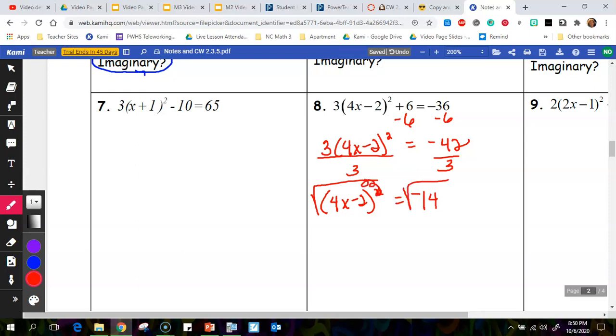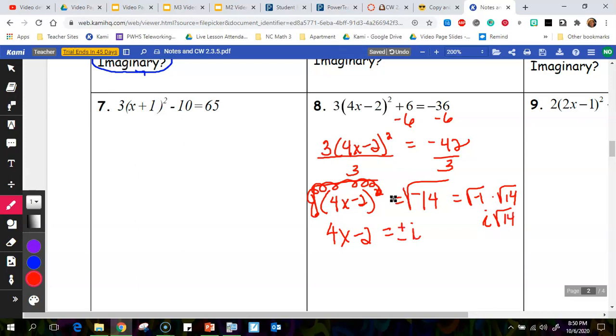So the square root gets rid of that square. 4x minus 2 equals... okay, so there is no perfect square that will divide into 14, but I can rewrite it as the square root of negative 1 times the square root of 14. So I can rewrite it as i root 14, but I need to do a positive or negative.